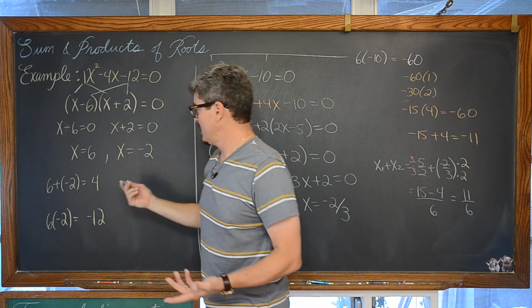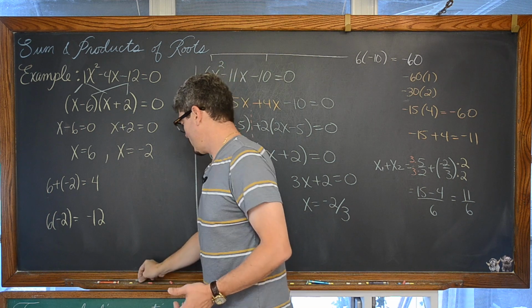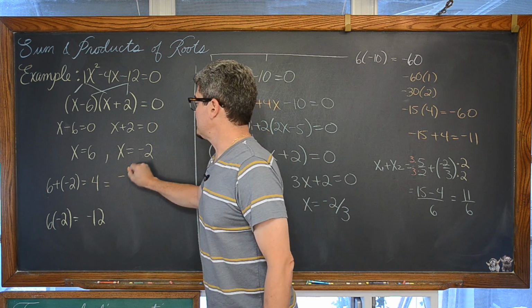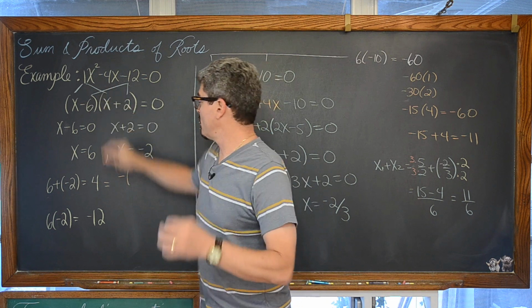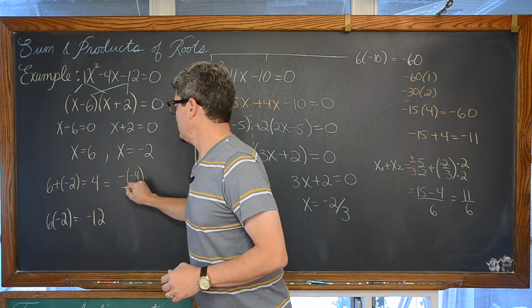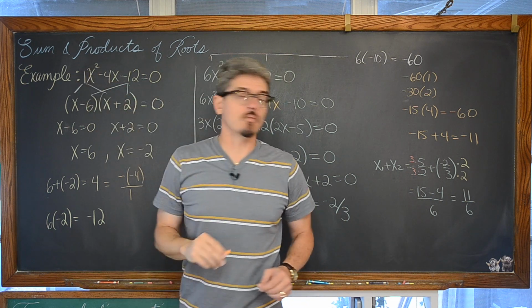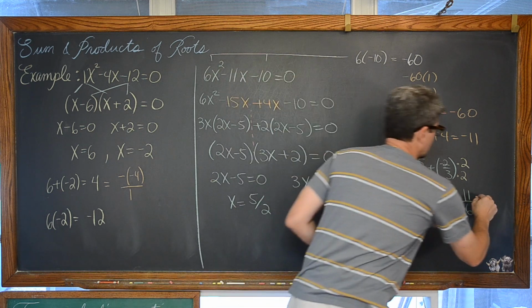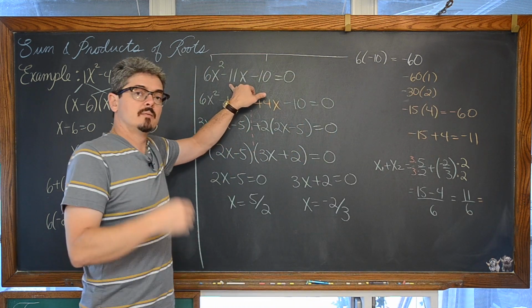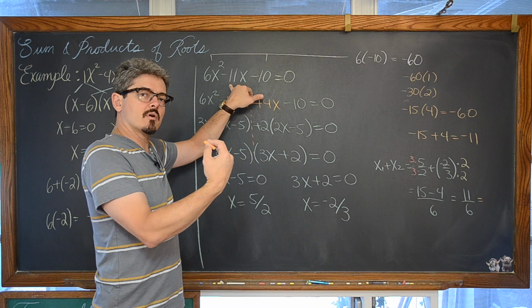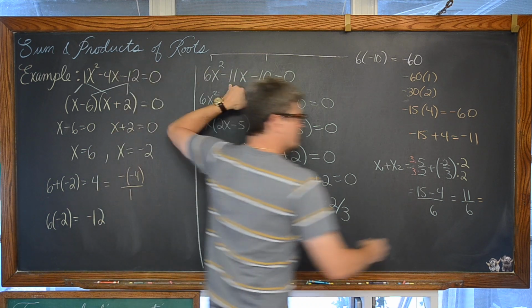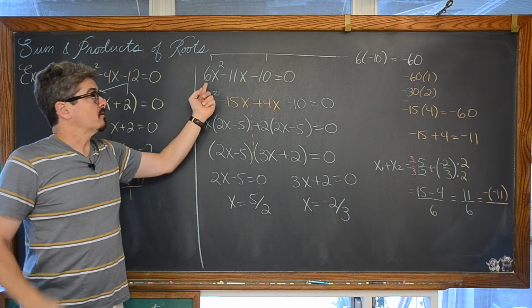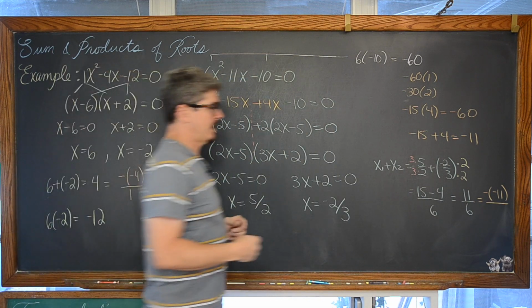So really, this 4 is equivalent to taking the opposite of our middle coefficient and then dividing that by our leading coefficient of 1. Or over here, our 11 over 6 is the equivalent of taking the opposite of our middle coefficient b and dividing it by our leading coefficient, or coefficient of a.